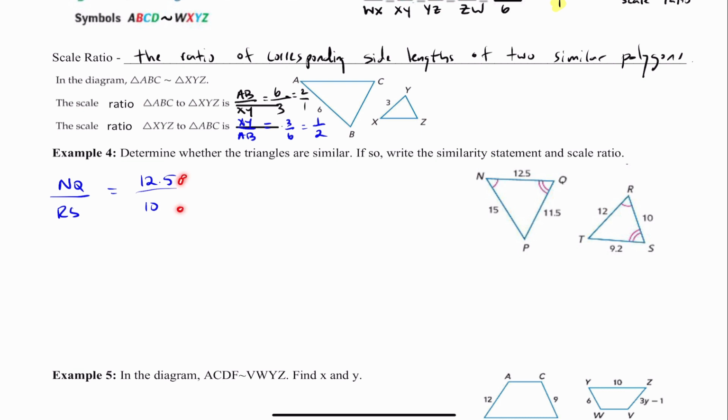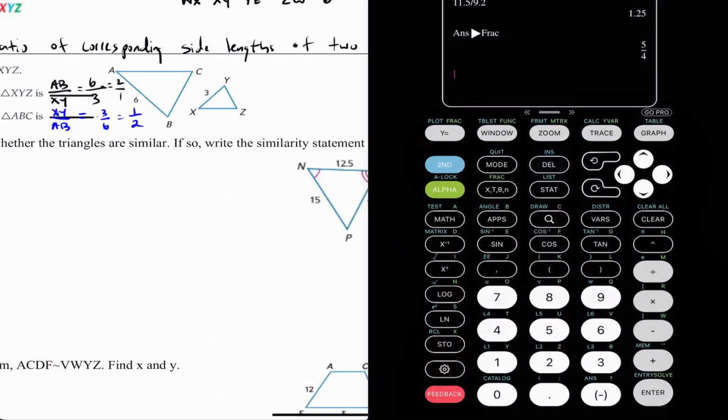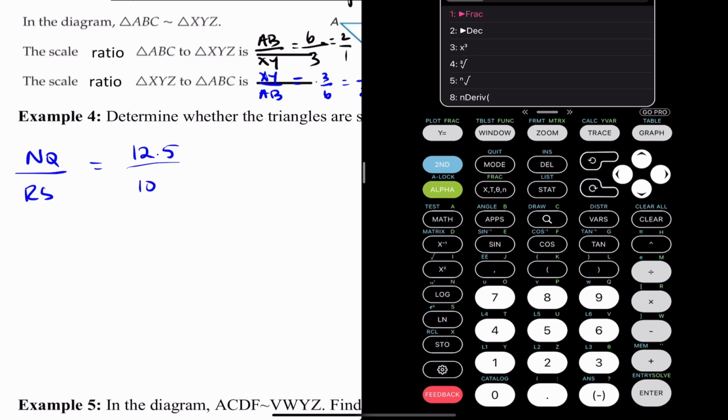So I'm going to express these two numbers as a ratio. Now let me go ahead and simplify that, and I'm going to use my calculator for this one, okay? So I'm going to write 12.5 divided by 10. I'm going to hit enter, and you should see 1.25. Now, under the alpha button, you should see the word math. Click on that, and you should see all these options here.